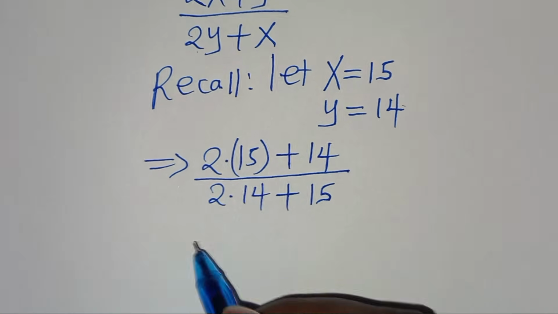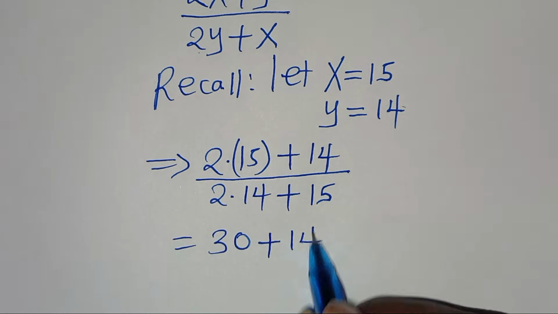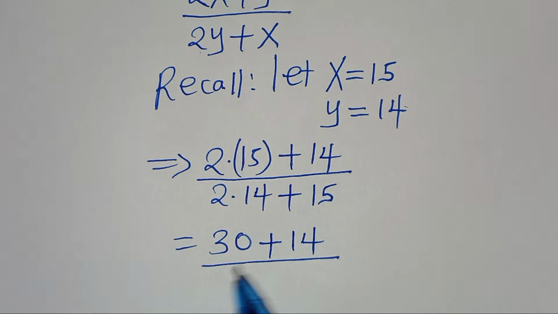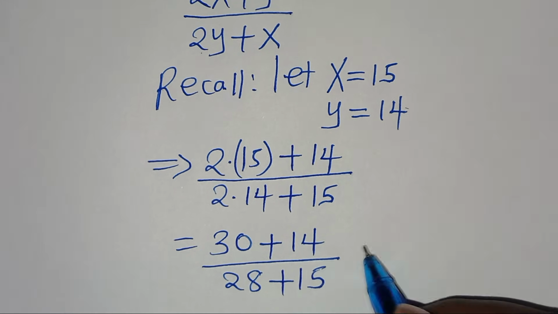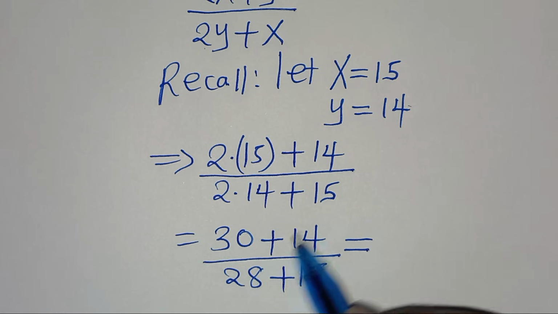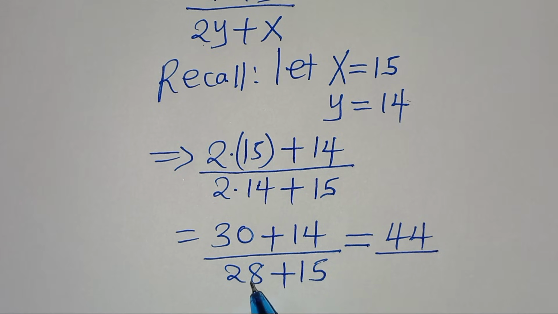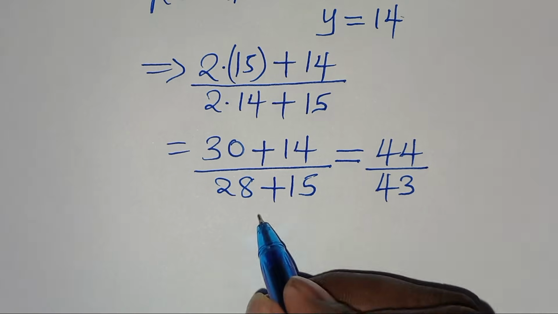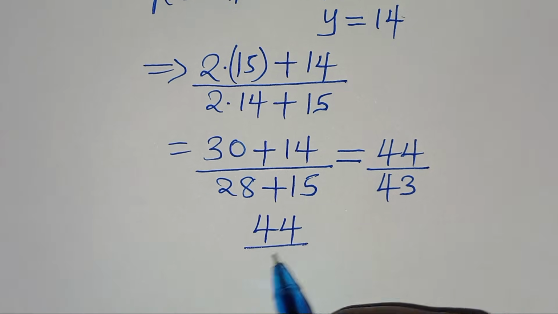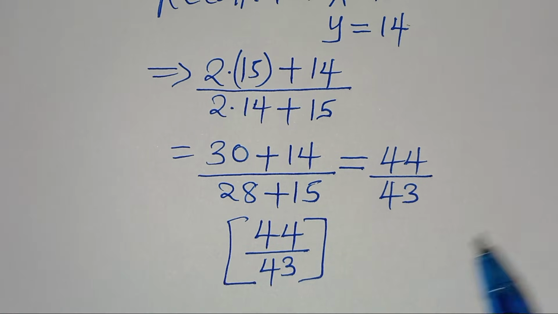This is 15 times 2, which is 30, plus 14, divided by 14 times 2, which is 28, plus 15. So here we have 30 plus 14, which is 44, divided by 28 plus 15, which is 43. Now, the solution to this math problem is 44 over 43.